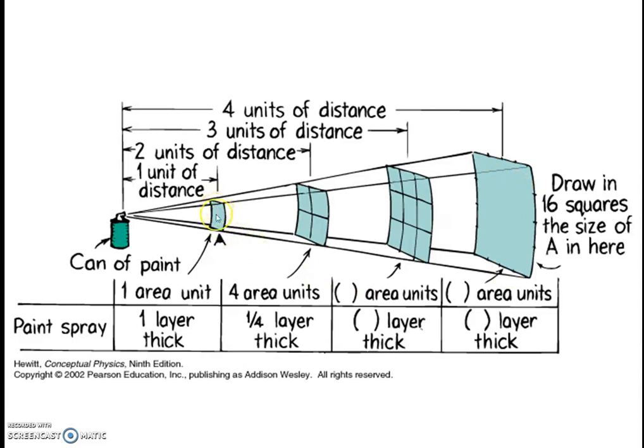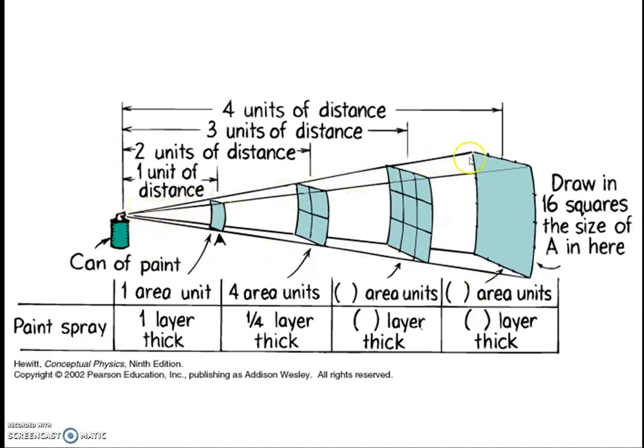So for example, the paint would be really thick on this surface, but on this surface there are 9 times as many squares catching the same amount of paint, so the thickness of paint would be 1/9 the thickness as it is here. And here, the paint would be 1/16 the thickness. Okay? That's what the inverse square law is all about.